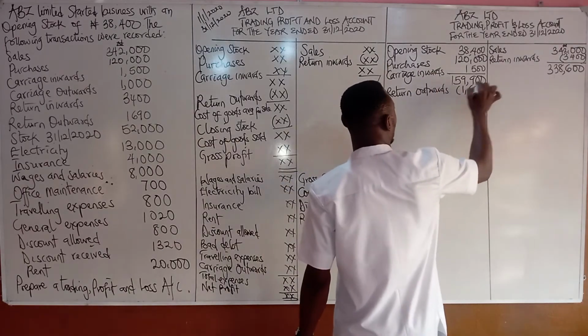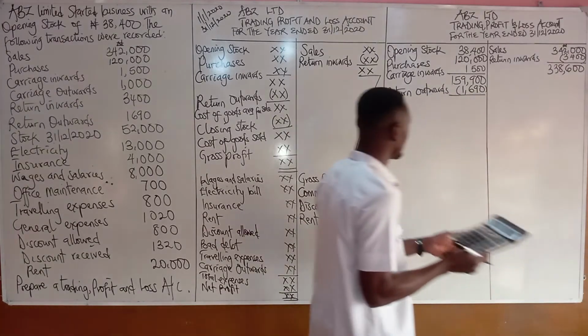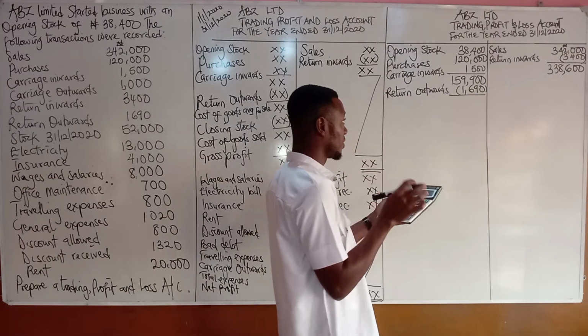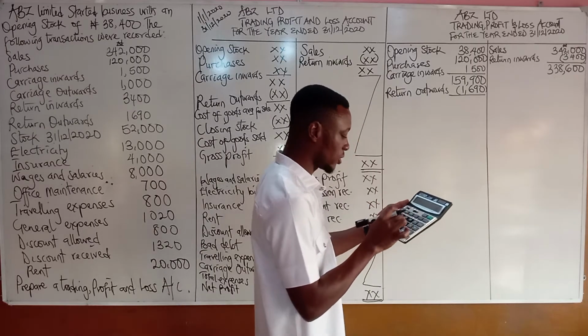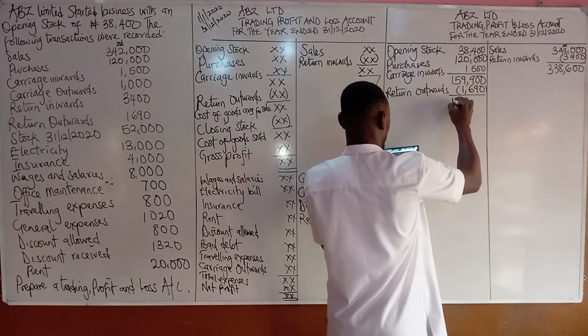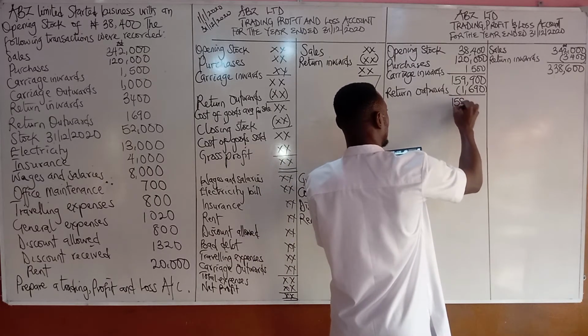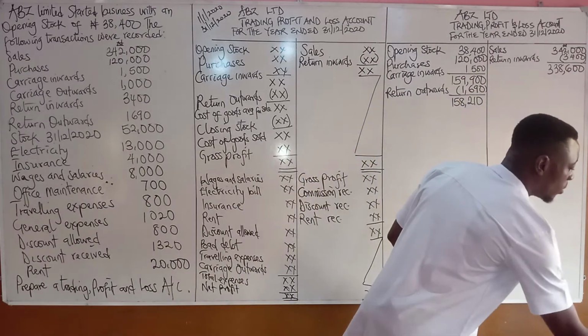Yes, we got that. Then we subtract. So I have 159,900 minus 1,690. That will give me 158,210.